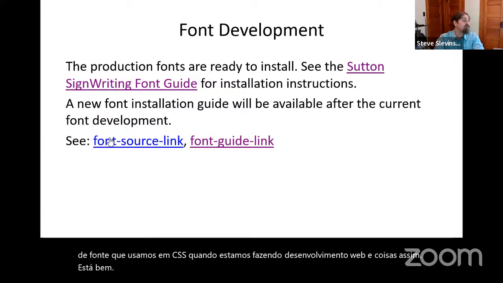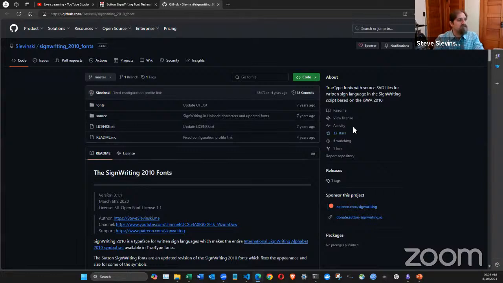Like I said, also the font source. This is what I'm going to be modifying. You can find the SVG source under Slavinsky SignWriting 2010 fonts.